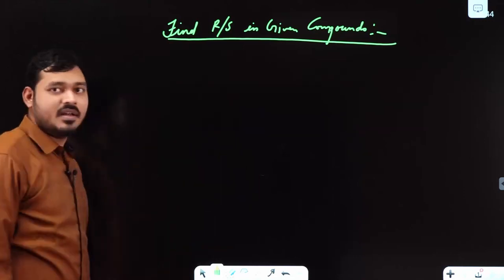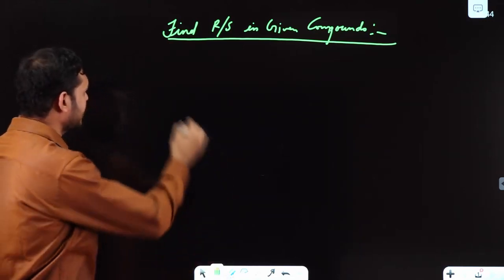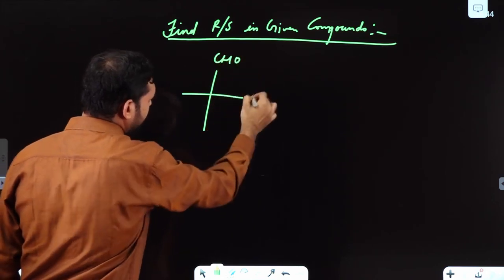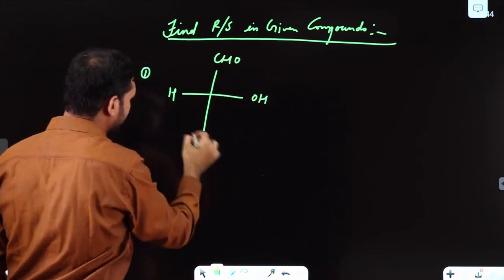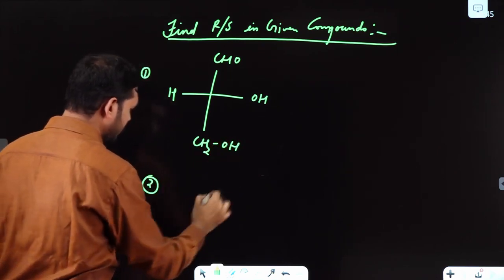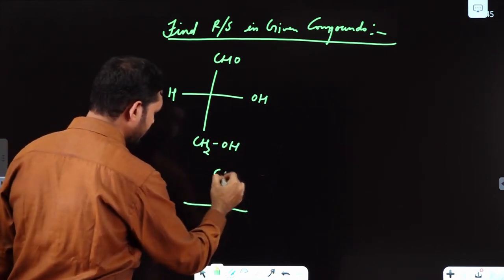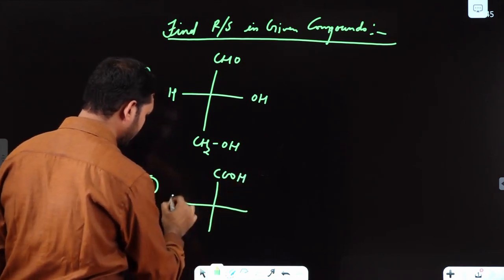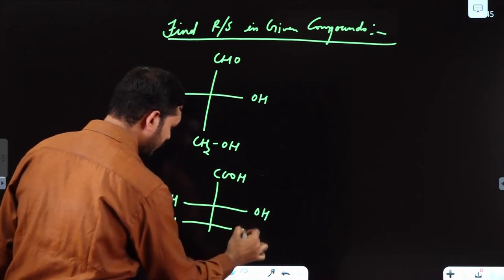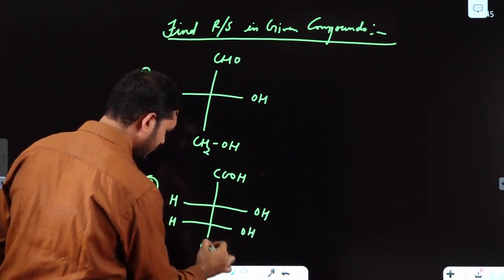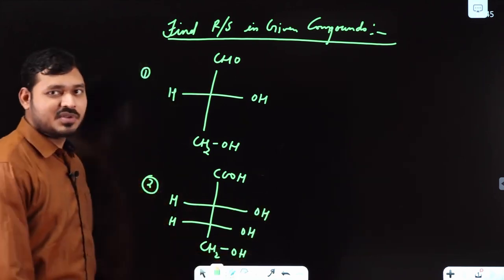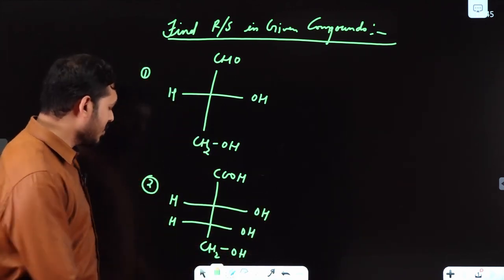Now you have to find the RS configuration in the given compounds. Dear students, you can see these two compounds.